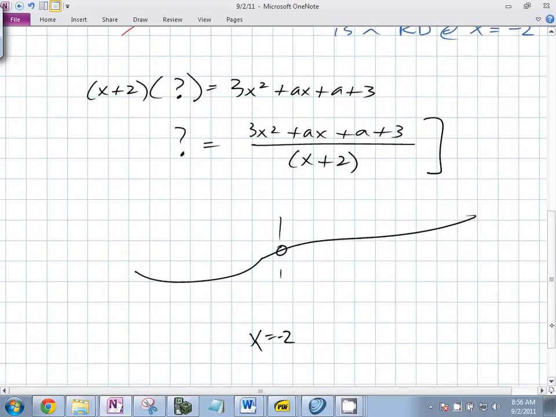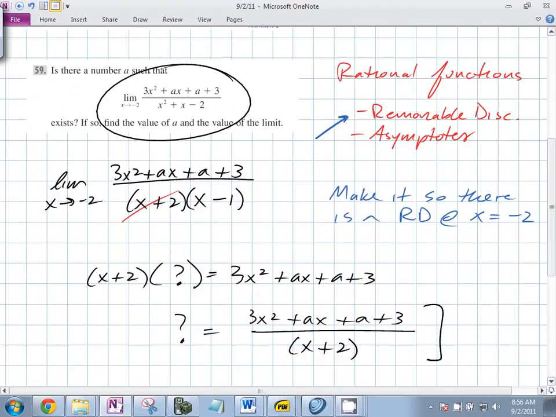Right now, we cannot plug in -2 into this rational function because the denominator would be 0. So we want to make it so that you can. We're changing the function by only doing one thing: putting a dot at that removable discontinuity. But we have to figure out what the a value is going to be so that we're guaranteed to have a removable discontinuity. So how do we do that?